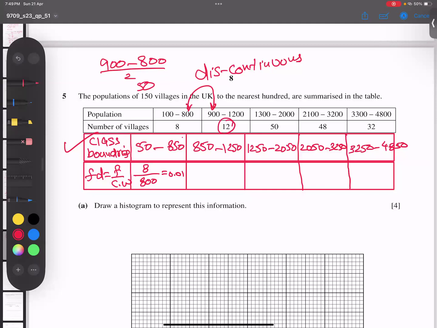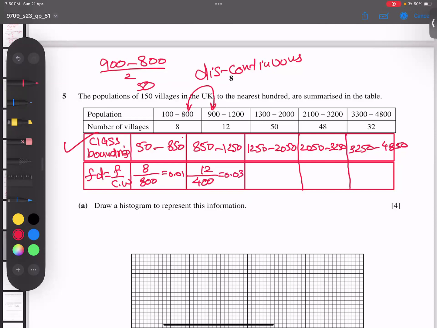Same story, 12 divided by the gap of these. Let me check in my calculator. This is a 400 gap, and if I divide it, I got 0.03.